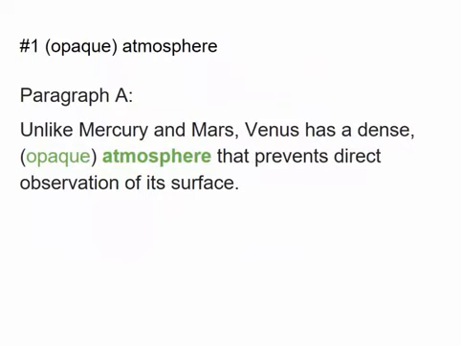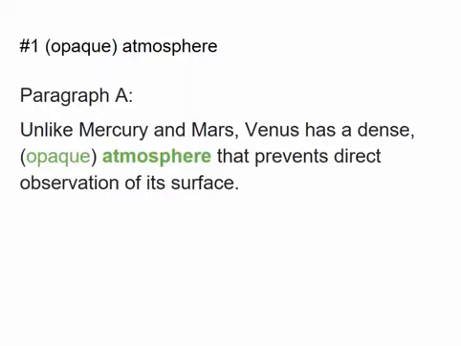Unlike Mercury and Mars, Venus has a dense, opaque atmosphere that prevents direct observation of its surface. Okay, so it's the opaque atmosphere. Atmosphere would be an acceptable answer here all by itself, or since we're allowed to put 2 words in the answer, opaque atmosphere as the adjective for that atmosphere could also be included in the answer.